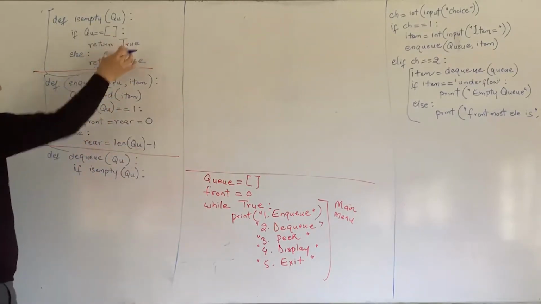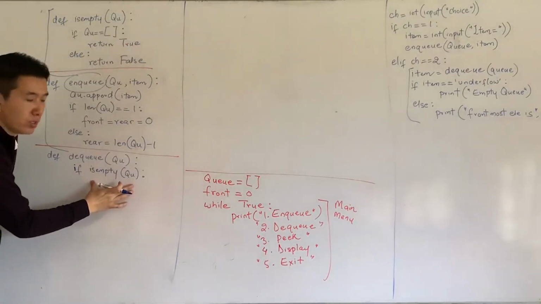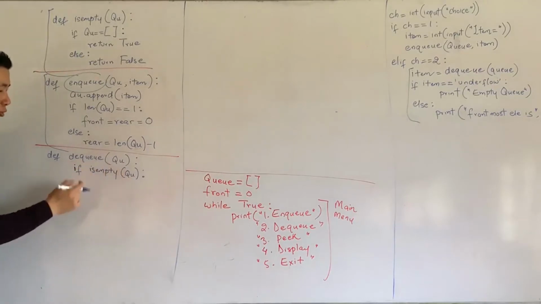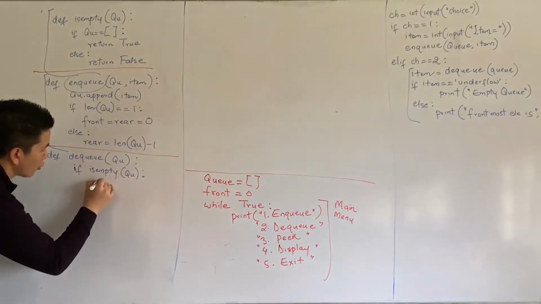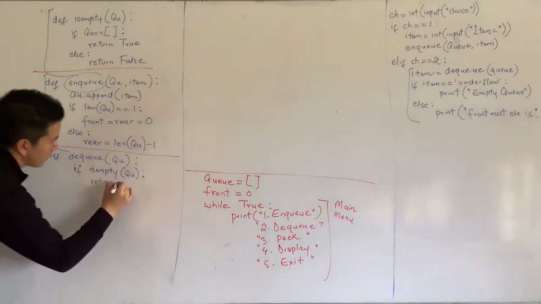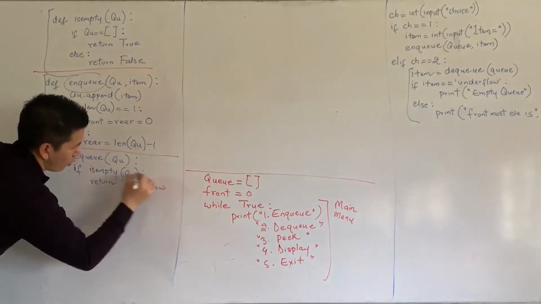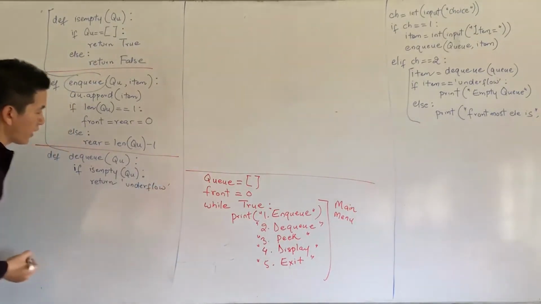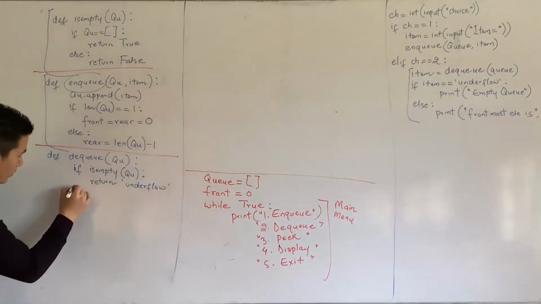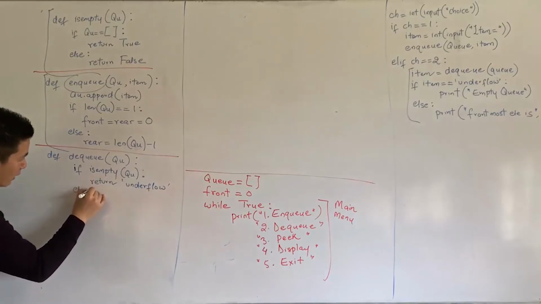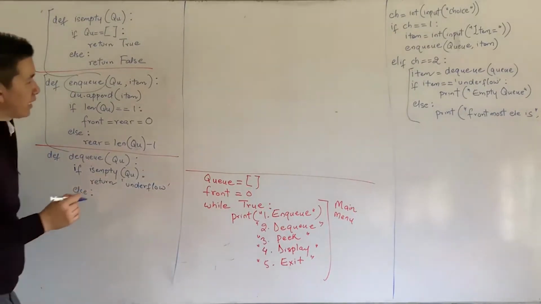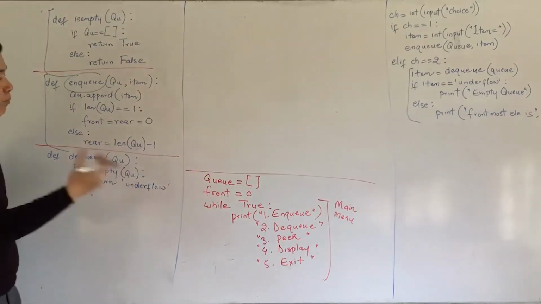If the stack is empty, true will replace this function call. So if it's true, then I would like to return a message of underflow. And else, if the stack is not empty, then I need to pop the first element.